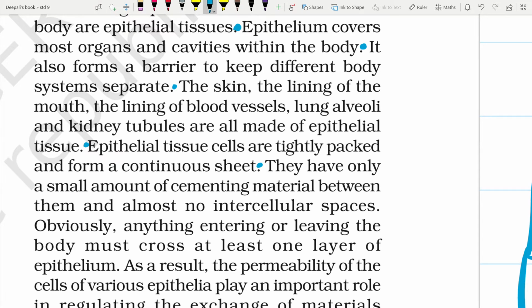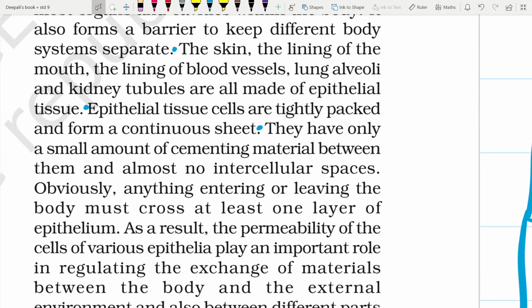They have only a small amount of cementing material between them and almost no intercellular spaces. Obviously, anything entering or leaving the body must cross at least one layer of epithelium.